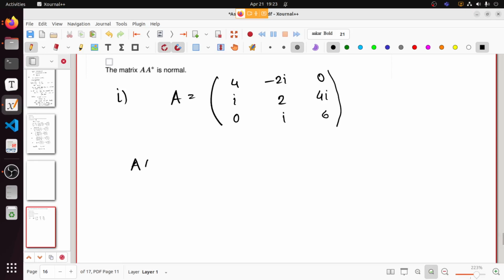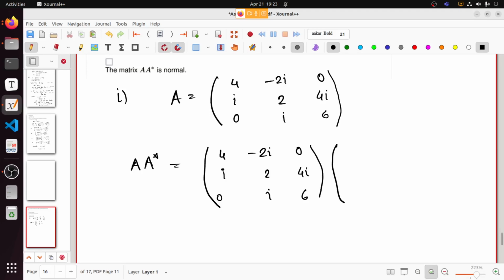So let's compute A star. A star will be 4, minus 2i, 0; i, 2, 4i; 0, i, 6.